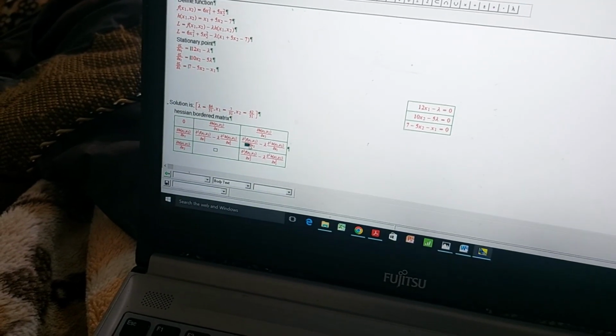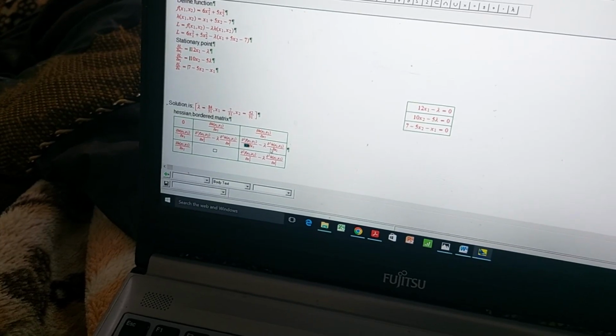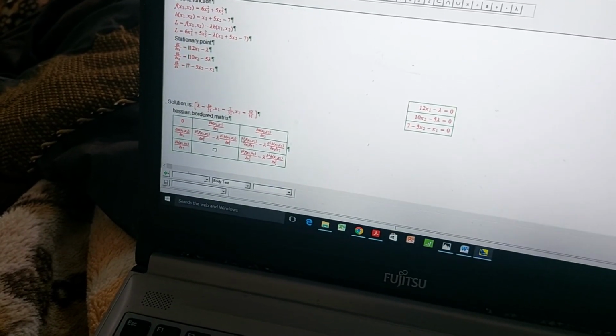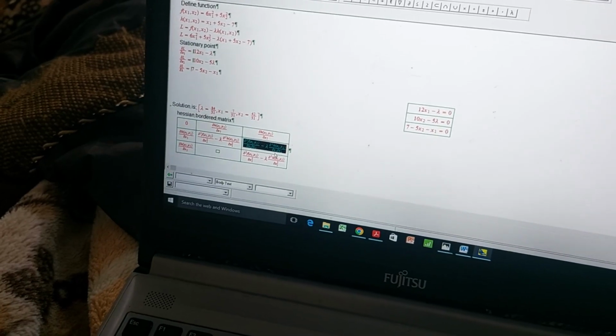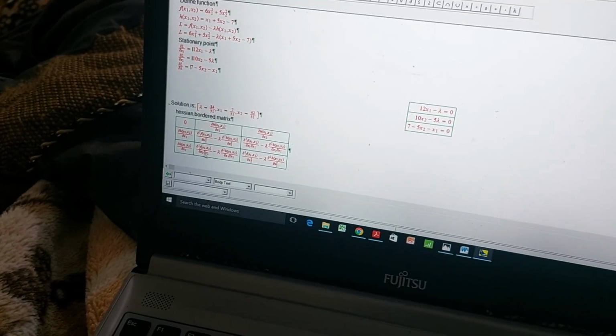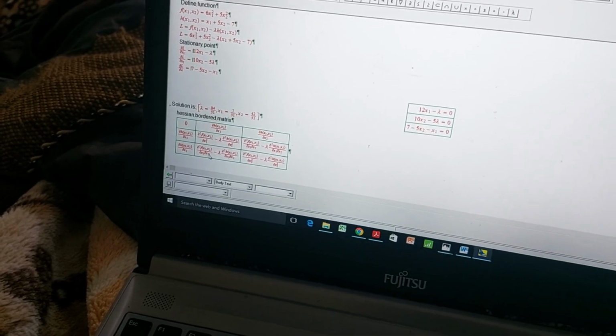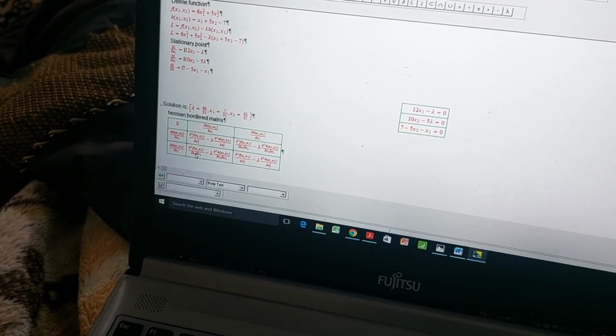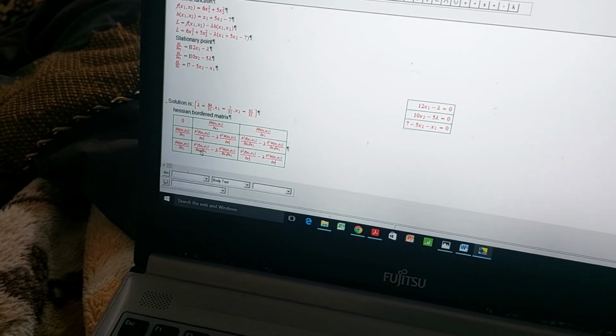We can copy from here, Control C, and paste it over here. Now copying this and pasting it over here. Now here this 2 will be removed and we will write 1 over here, and this 1 will be removed and we will write 2 over here.